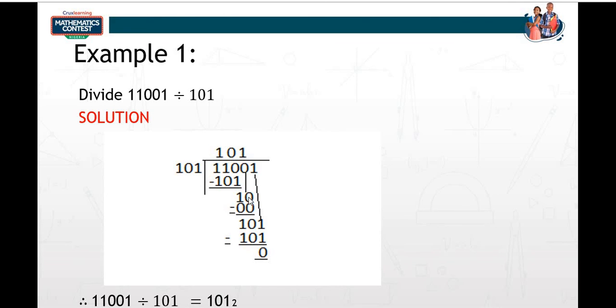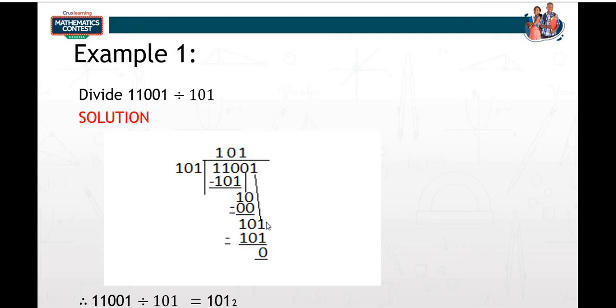So what we'll do next is we'll try to divide 10 by 101, which will give us nothing, because this is less than. So we have 0 here. So multiply, we have 0 everywhere.